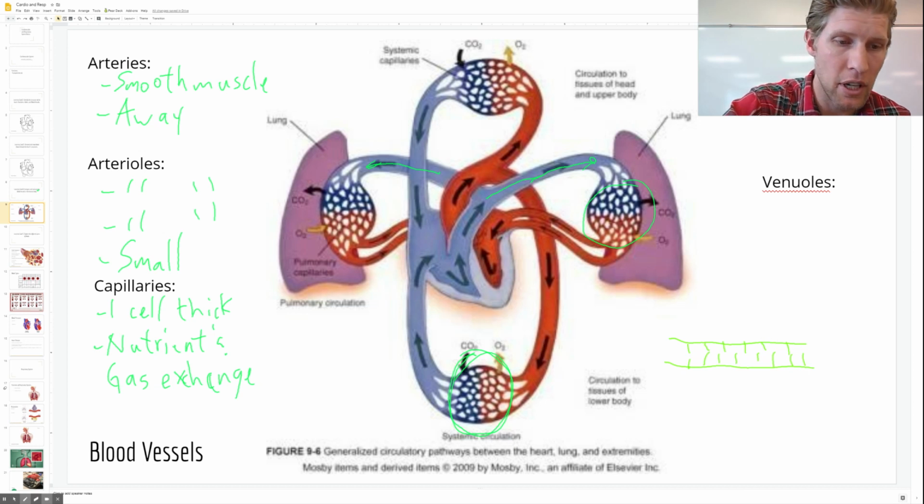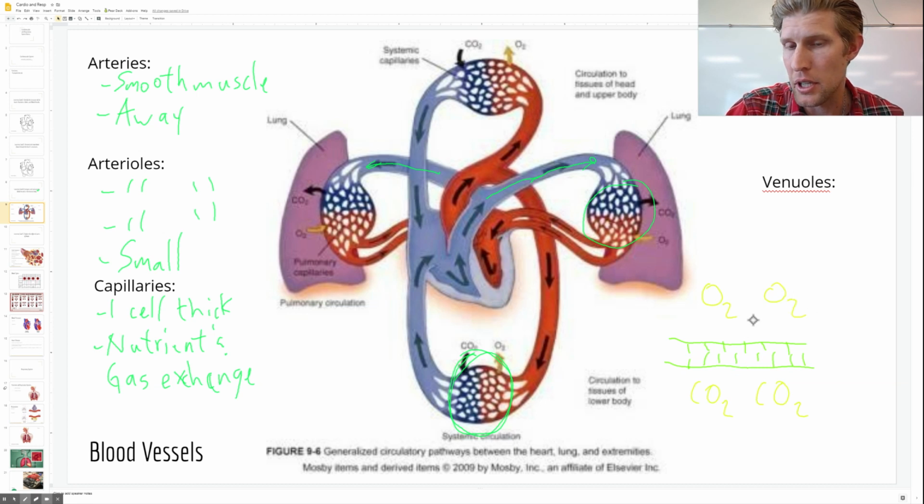You're going to have this high concentration of, let's say, CO2 on the inside because you've been expending a lot of energy, and a high concentration of oxygen on the outside. So what's going to happen at this cell in the capillary is the oxygen is going to go through with the concentration gradient, and the carbon dioxide is going to go out.